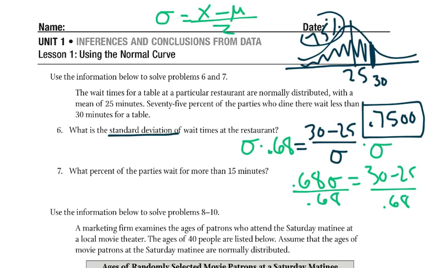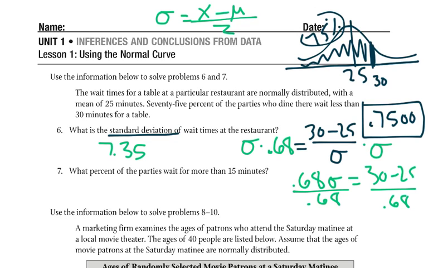Okay, so 30 minus 25 is 5. Divide that by 0.68, and we would get 7.35. We'll just round to the nearest hundredth. That would be our standard deviation. You could round up to 7.4 if you wanted to.